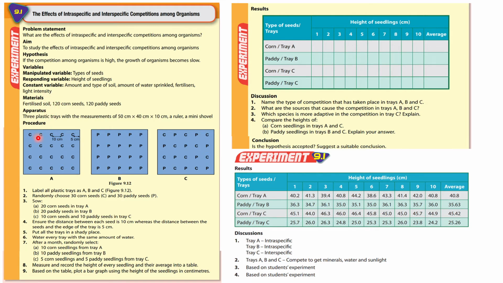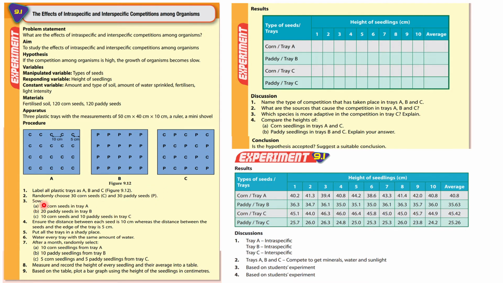So let's look at the procedure. A, B, and C, these three trays. We have to label all these plastic trays accordingly, and to randomly choose 30 corn seeds, represented by C, and also another 30 paddy seeds represented by the letter P.